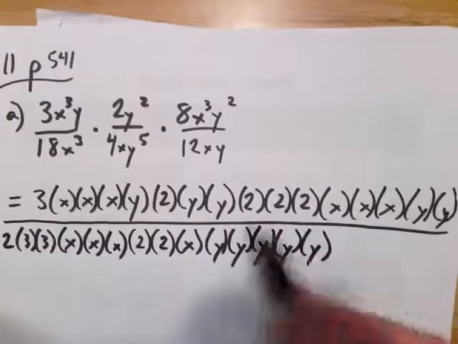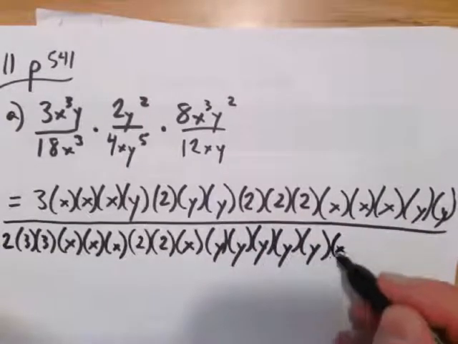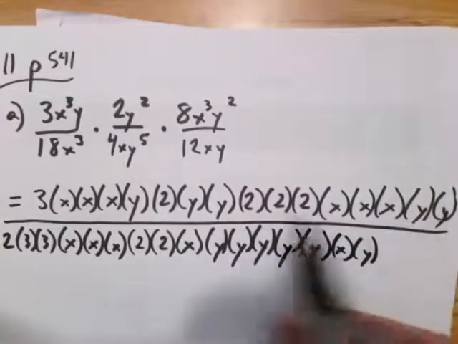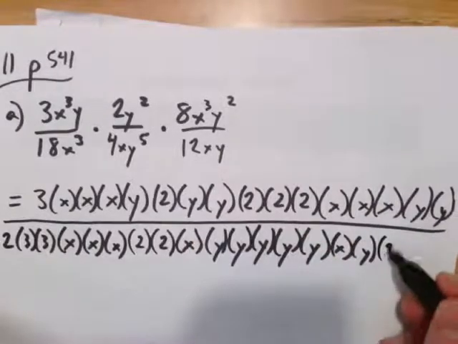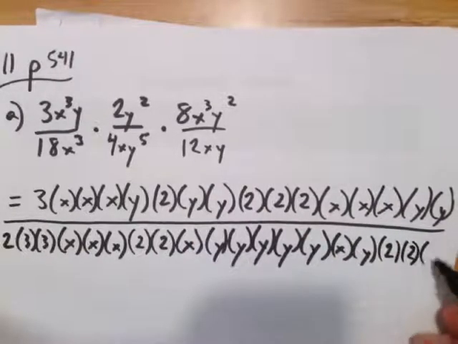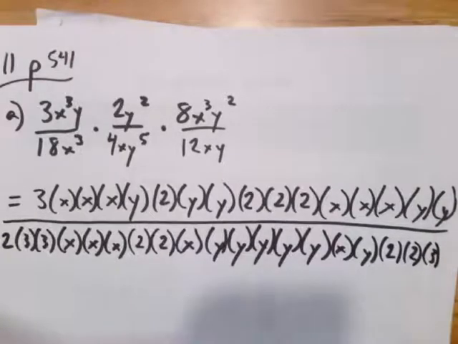I'm going to run out of room. I'm going to do the x and the y first, just to make sure I fit it. 12 is 2 times 2 times 3. Oh, I can fit this. 2 times 2 times 3. If that's not the craziest looking silliness that you've ever seen in your life.